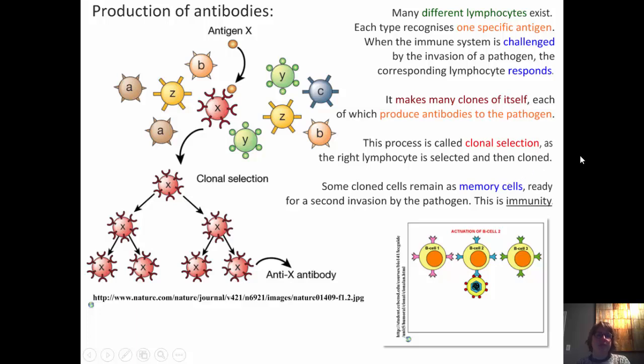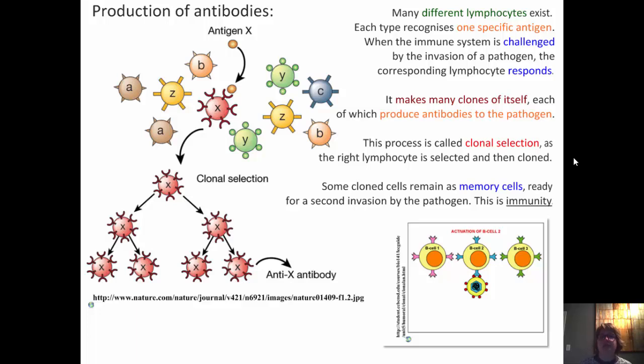All right, so how do we produce antibodies now that we know how they work? You have different types of lymphocytes. Remember, we talked about a few different types on that slide: the B cell, the T cell, and the killer cell. Each type is going to recognize a specific antigen.